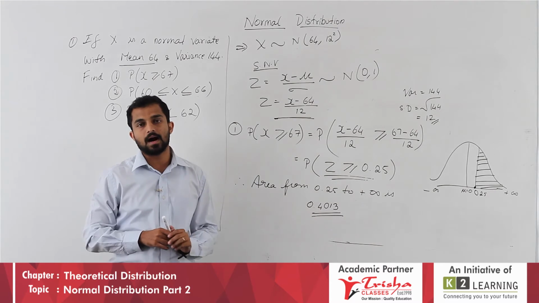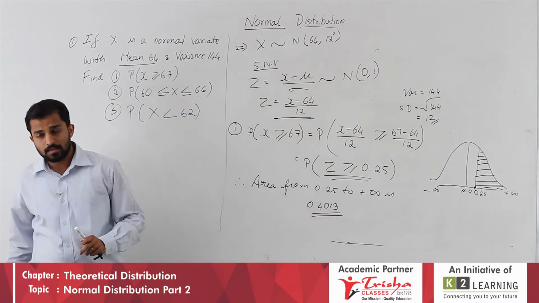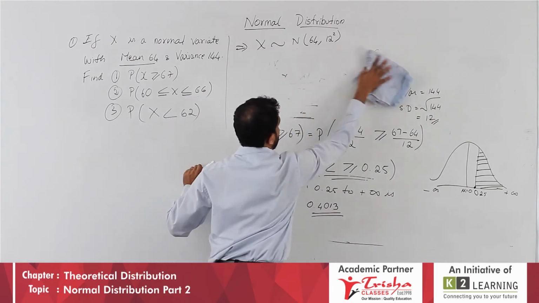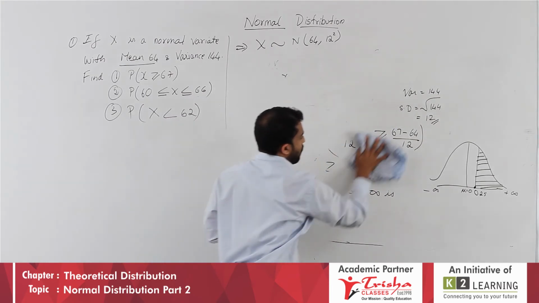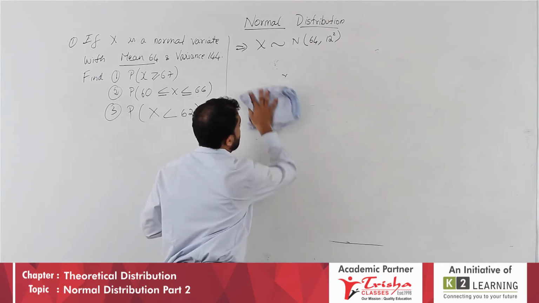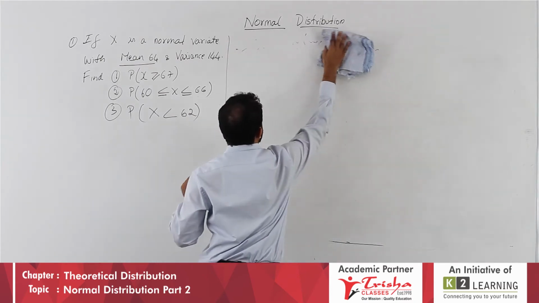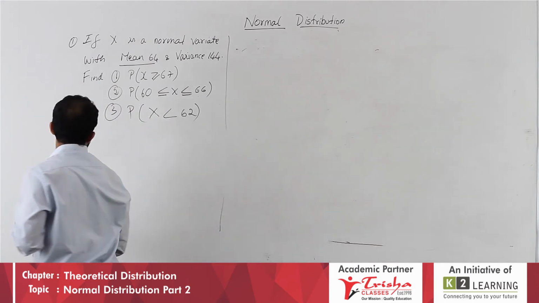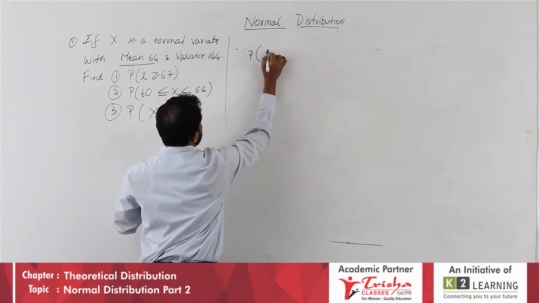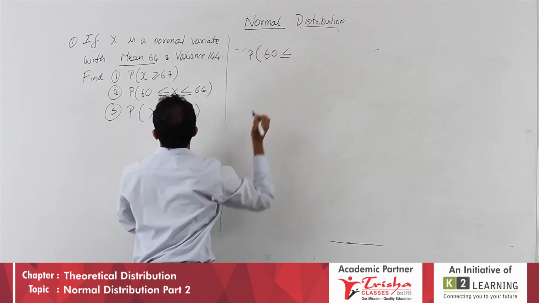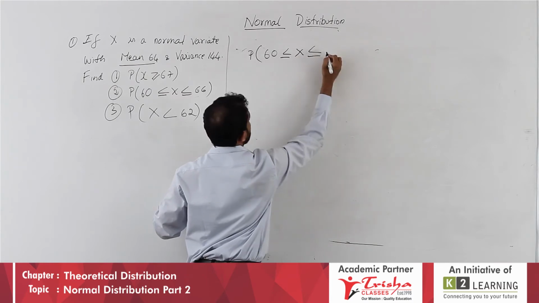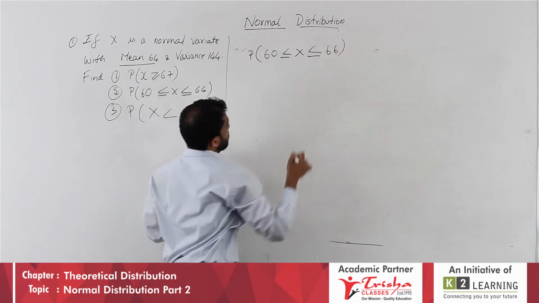Now students, if this was the answer for the first part, let us see how we go about the second part of the question. The second part of the question, students, says P of 60 less than equal to x less than equal to 66.